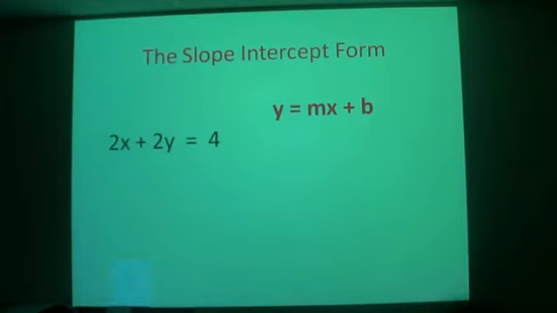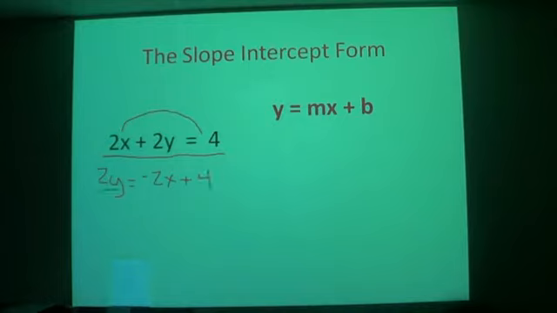We'll take a look at another example here. If I can massage this so that I get it into the y equals mx plus b form, I can do that. So I'm going to move the 2x over to the other side. Its sign changes, so I wind up having 2y equals negative 2x plus 4, because my 4 is positive.